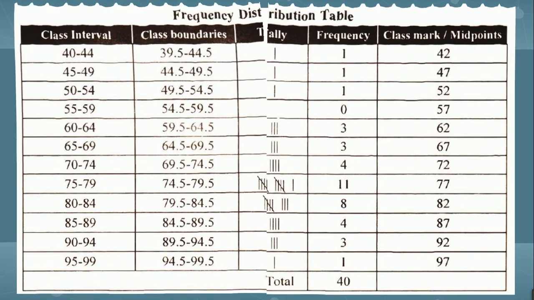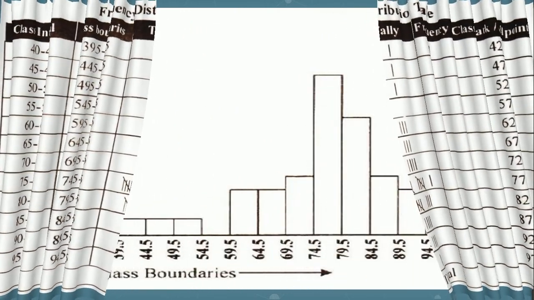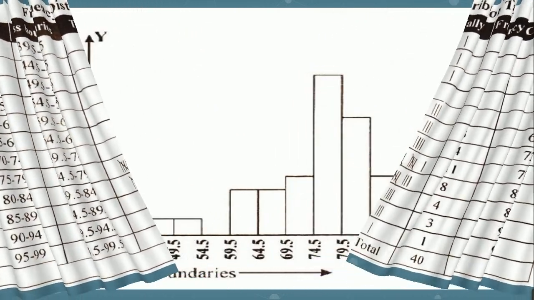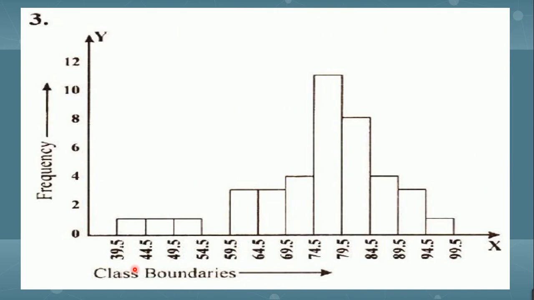Now look at this histogram. Draw the horizontal line and name it as x-axis, and the vertical line and name it as y-axis. We will take the class boundaries along the x-axis and frequency along the y-axis.